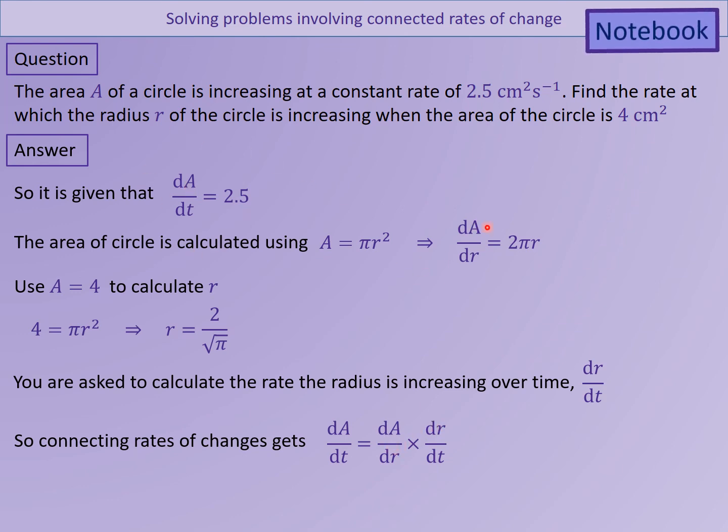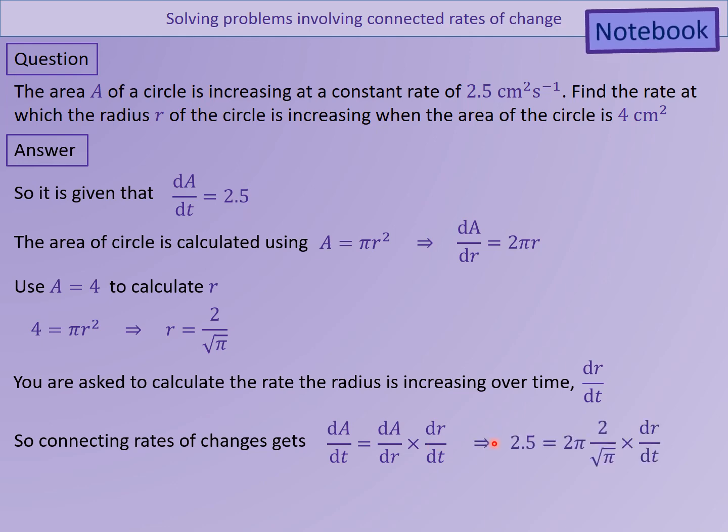So I should be looking at these and thinking, right, I want dr over dt. Maybe I can get dr from that bit if I flick that round. Okay, so I get dr over dA. And in fact, if I just multiply by that, the dA's might cancel out and therefore I'll be sorted. So it's trying to manipulate these two equations to get dr as a numerator and dt as a denominator. That one's sorted. That one could just be done the other way around. Or you could just write down any one you want and then fill in these bits and hope it's the same ones as what you've already calculated.